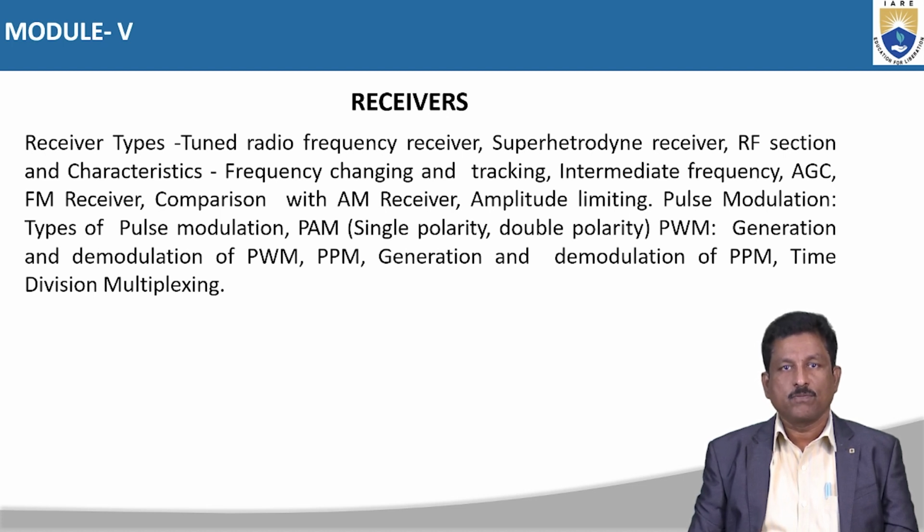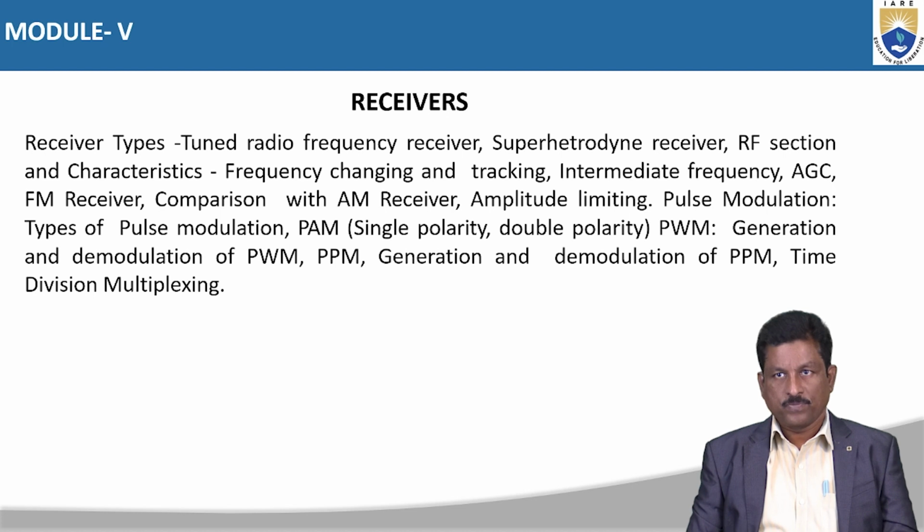Based on the signal strength available, we can automatically increase the gain of the receiver. Then you can regenerate the original signal without any disturbance. So tracking, IF, intermediate frequency, and AGC, automatic gain control, are the basic elements.